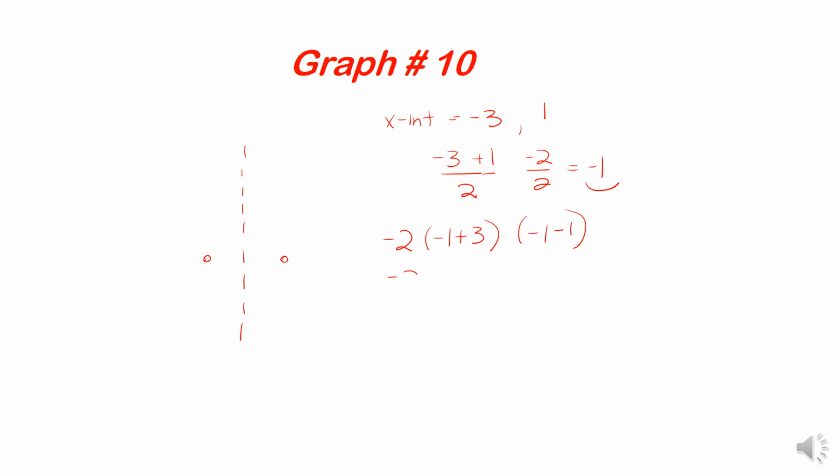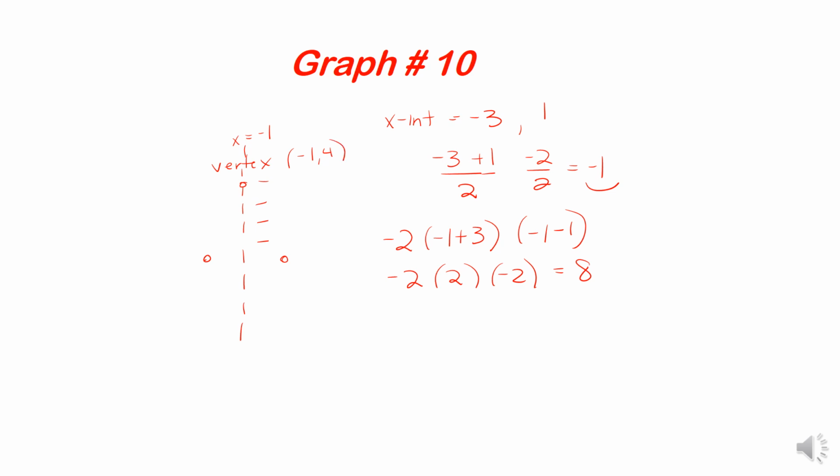So that's -2 times 2 times -2, and that equals 8. So we're going to make each of these by 2, so 2, 4, 6, 8. There's my vertex. Okay, my axis of symmetry is x equals -1. My vertex is -1, 8.